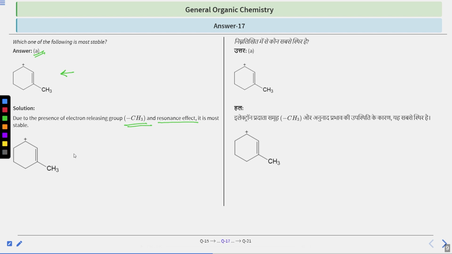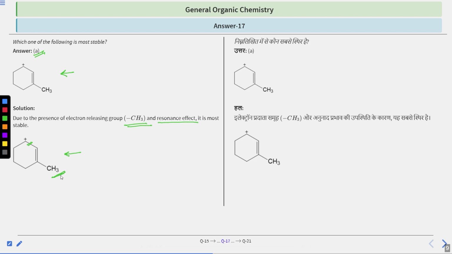You can see that this is the structure and this is the methyl group, which is an electron donating group attached to this double bonded carbon, and the positive charge is present at this third position of carbon, right? So this CH3 group shows the electron donating effect. This is a strong electron donating group, and also resonance will happen, like this double bond will go here and this positive charge will come here, right?